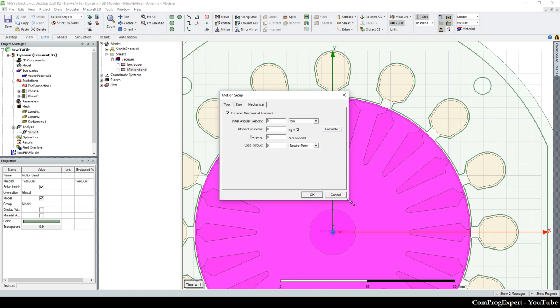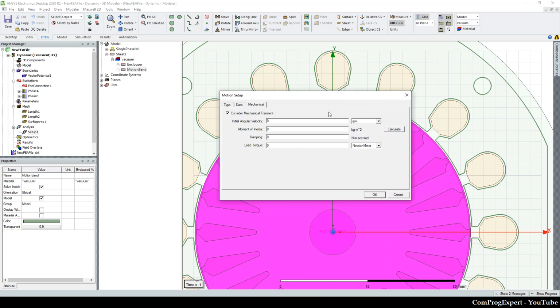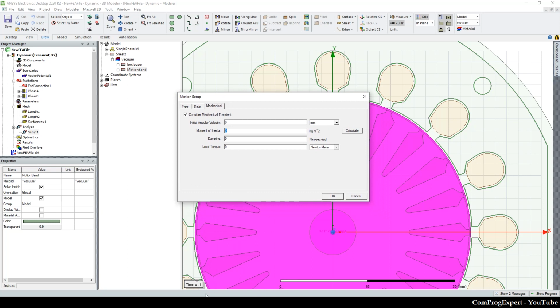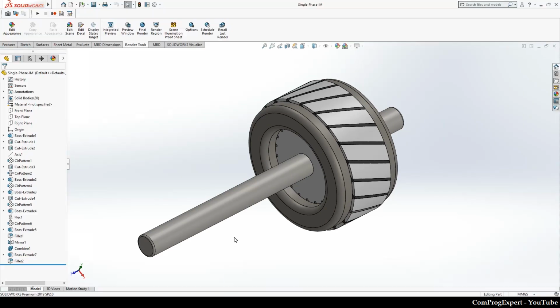We are going to simulate the startup of the motor, actually from the 0 speed to the steady state speed. So the initial angular velocity is equal to 0 RPM, the moment of inertia. I have one video on my channel.